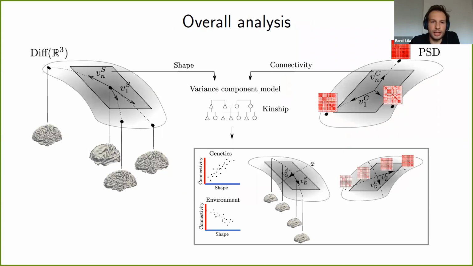So the overall analysis looks like this one, as we said. We basically take this geometric approach to analysis of this data, so map them into tangent spaces, both shape and connectivity, disentangle variation that is due to genetics and environment, and we are able, once we learn something about these things, to map them back in the original space and look at trajectories in shape, so nonlinear trajectories of variation in shape and nonlinear trajectories of variation in connectivity that are most correlated, okay?